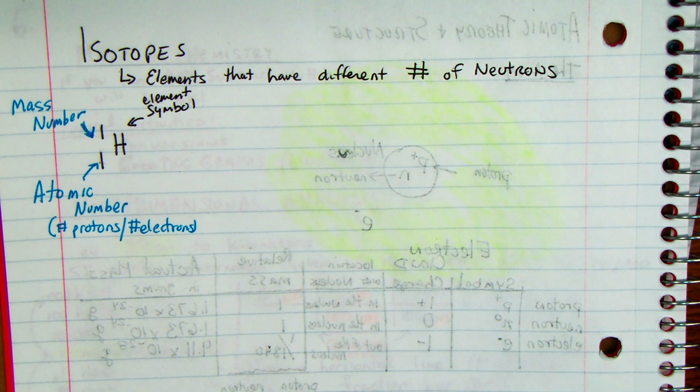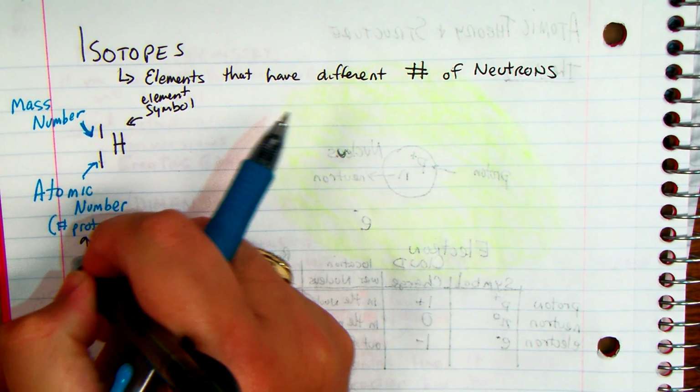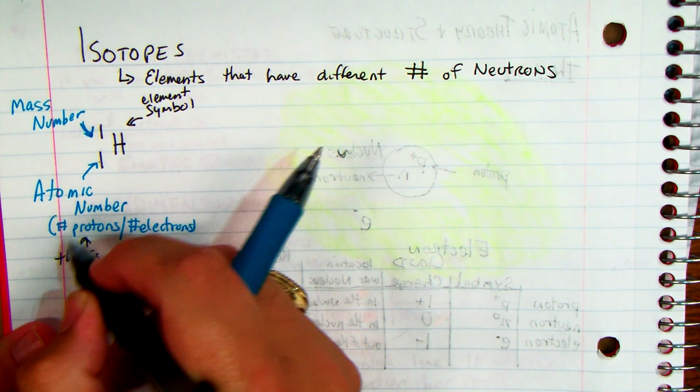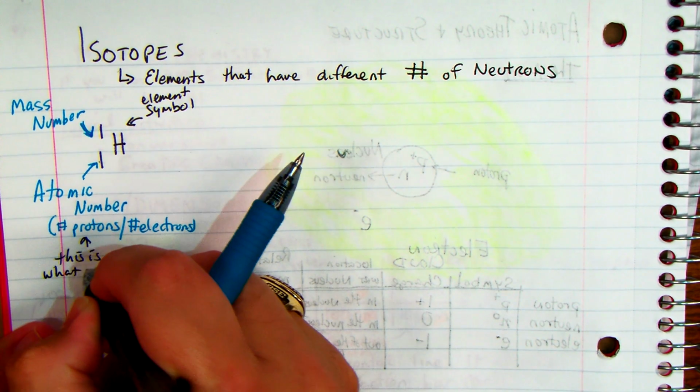So, our atomic number, we're not terribly concerned about the number of electrons. We're talking about isotopes. We're more concerned about the number of protons. So, even though, yes, it is the number of protons, number of electrons, this number, the number of protons, is what we are concerned about.